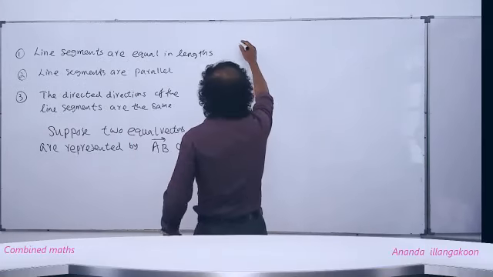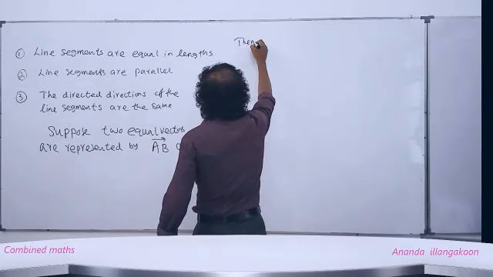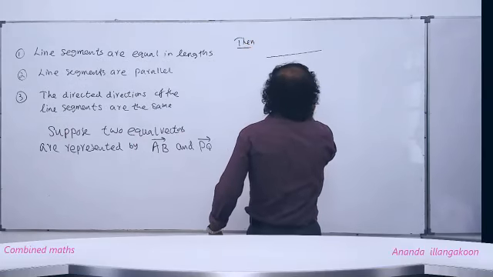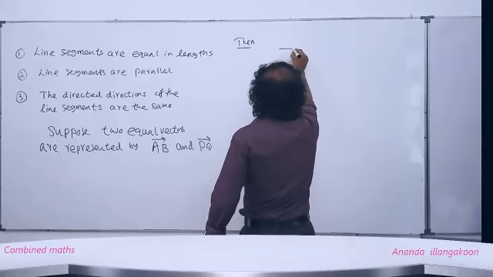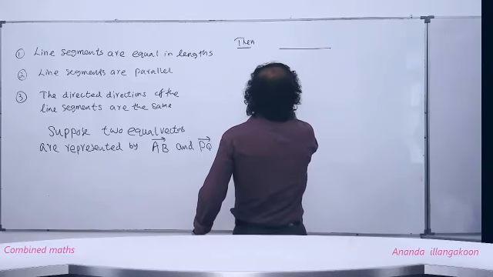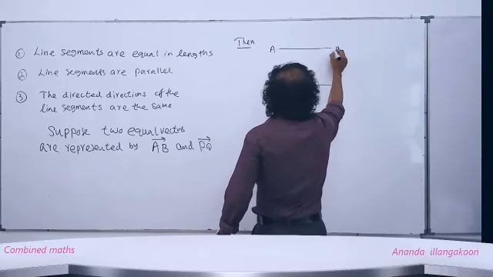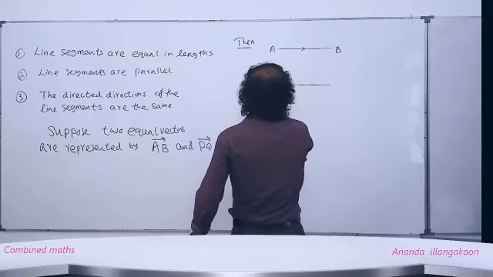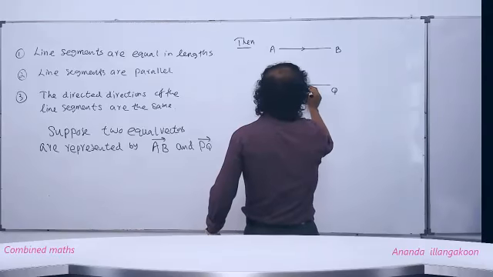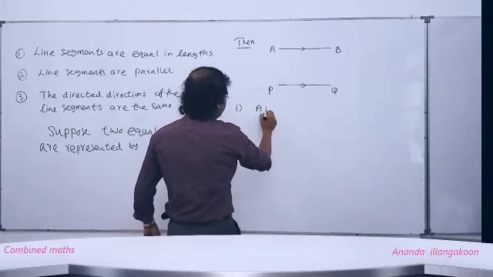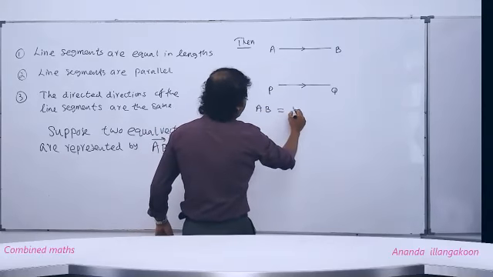And then you can see, people, this is the AB line segment. This is the PQ line segment. Then we can say what? AB length is equal to PQ length.